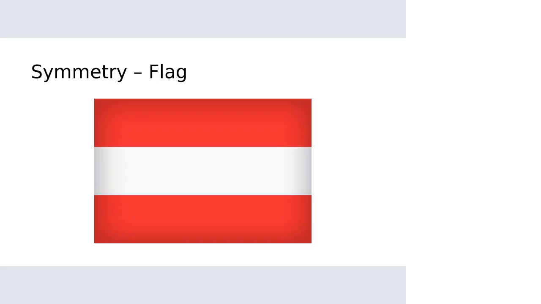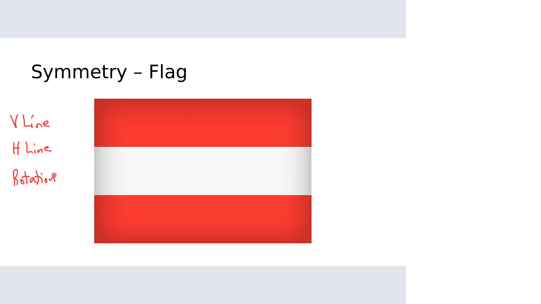Okay, symmetry. And as we get to the more recent topics, my guess is they get more and more comfortable. That's probably true, but if not, you make sure you ask questions. When we're looking at symmetry, what we're concerned with are vertical line, horizontal line, and rotation.